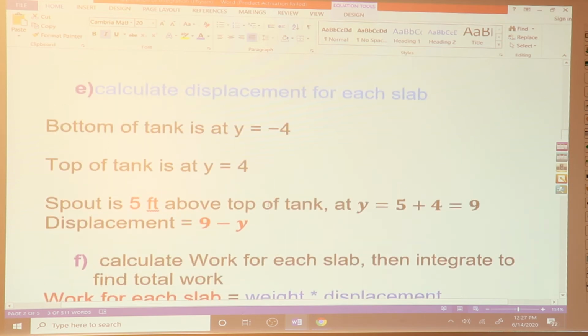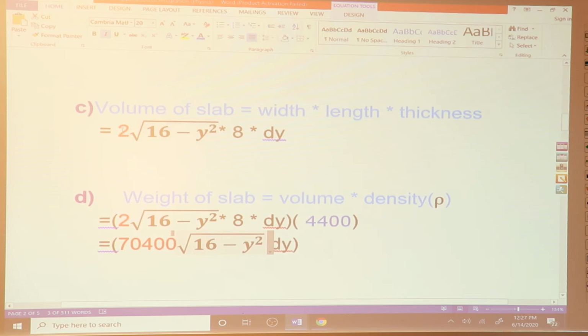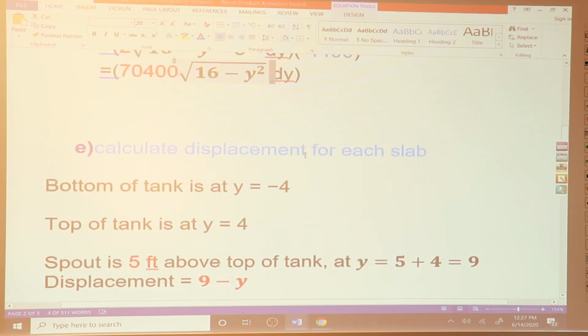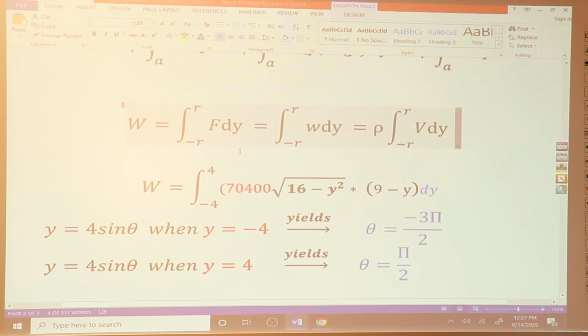I've already multiplied the volume of this slab by the density, which is 7400. Then we have it from negative 4 to 4. We're going to move a small y, 9 minus y, till you finish the whole tank, dy.